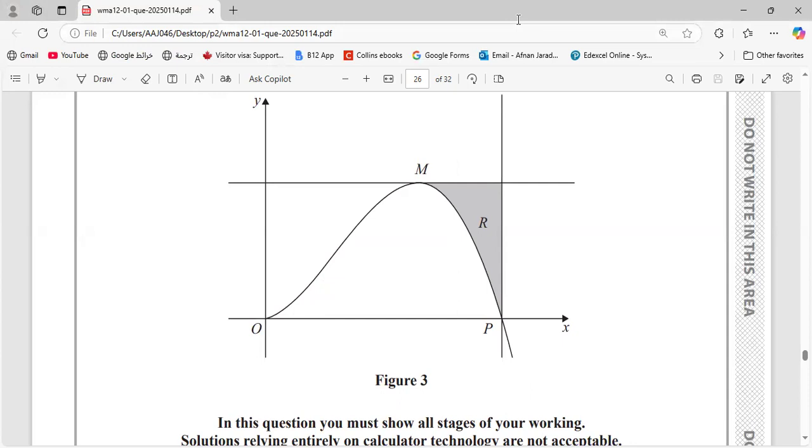So I need to make this line from P to the x-axis. Now you need to find the area of this rectangle, then subtract the area under the curve from point M to point P, which is the white area here.